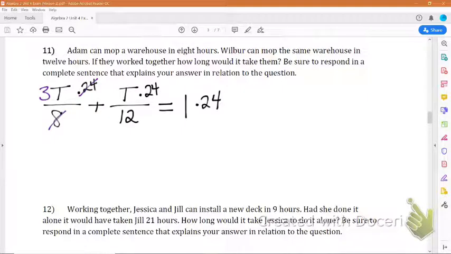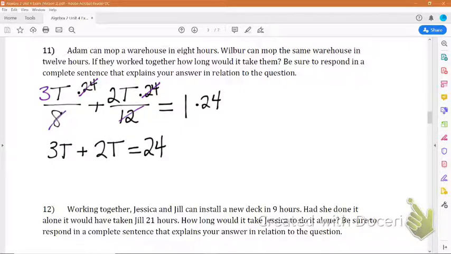So 3's left, and so is the t, so 3t plus. If I take 24 and I divide it by 12, what do you get? 2, so you have 2t. Equals 1 times 24. Don't forget to multiply that 1 by the 24. So 3t plus 2t equals 24.